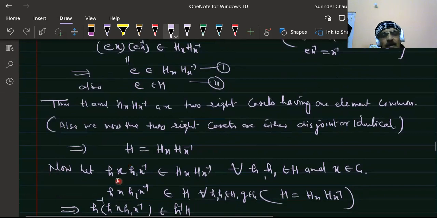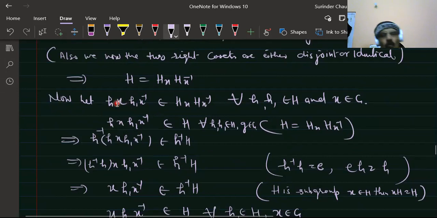Now let h1 x inverse belong to Hx inverse, for all h1 belonging to H. Then x h1 x inverse belongs to H, because H is equal to Hx inverse.